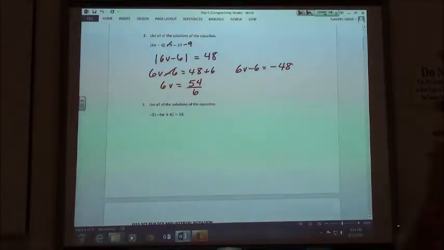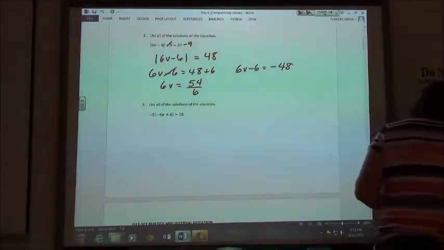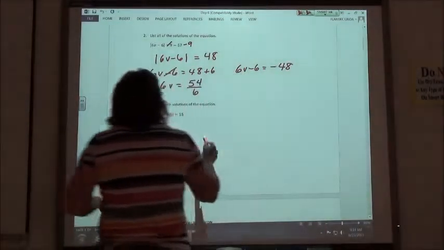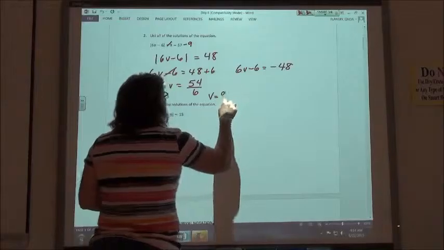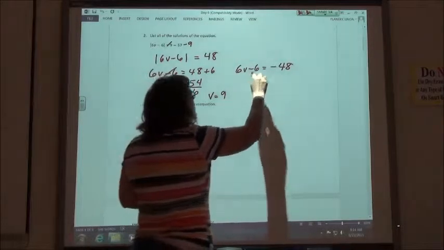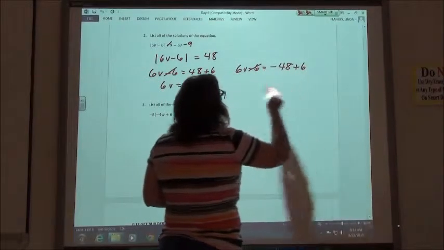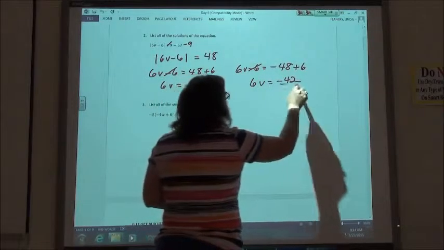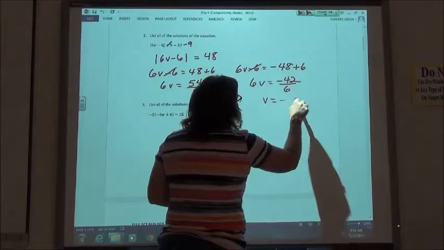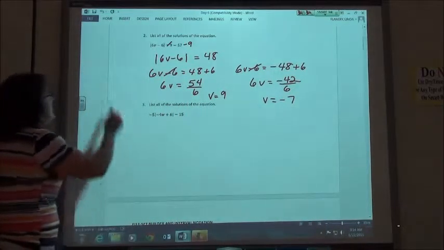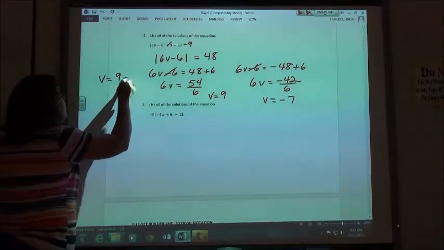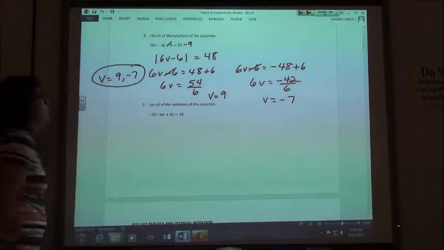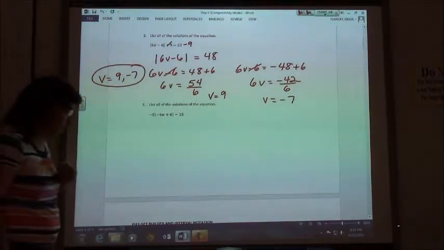And so 54 divided by 6 is going to be equal to 9. On the other one, again, I'm going to start by adding my 6. And so 6v is going to equal negative 42. And when I divide by 6, v equals negative 7. So v should equal 9 or negative 7. And both of those would go in for solutions.